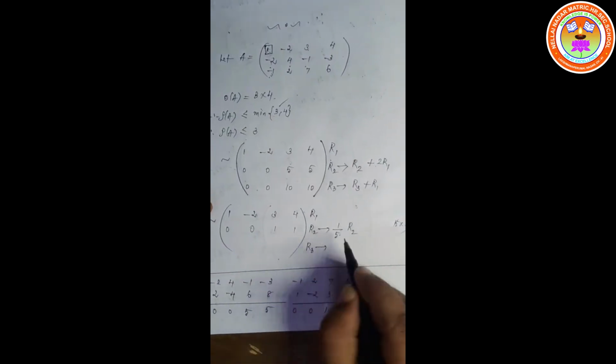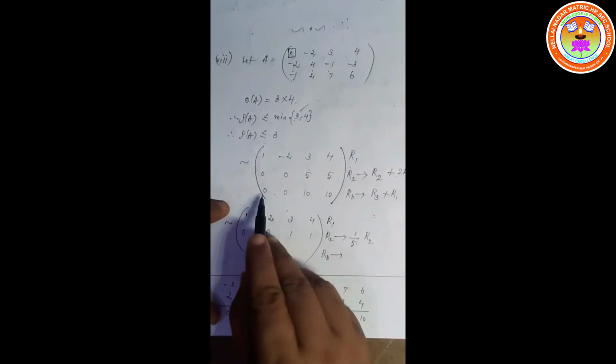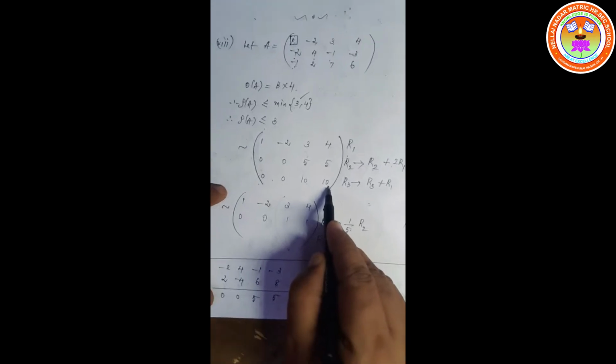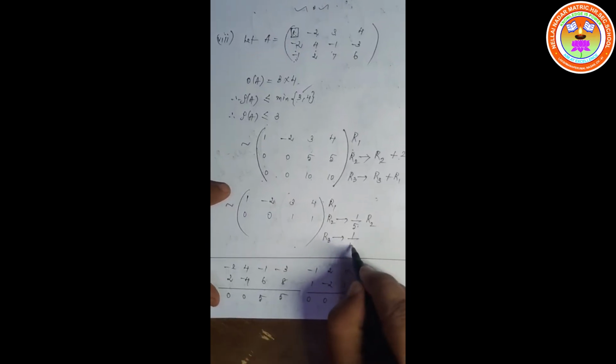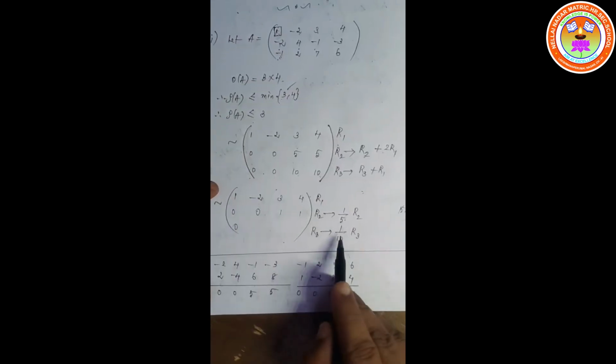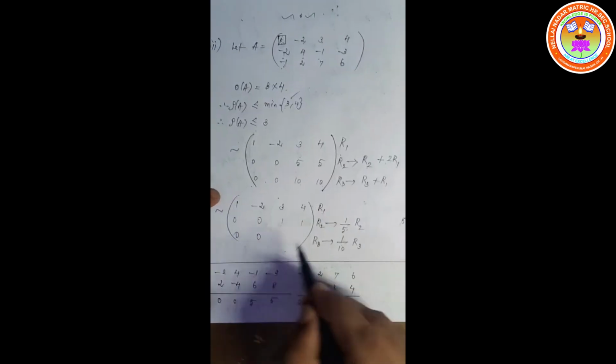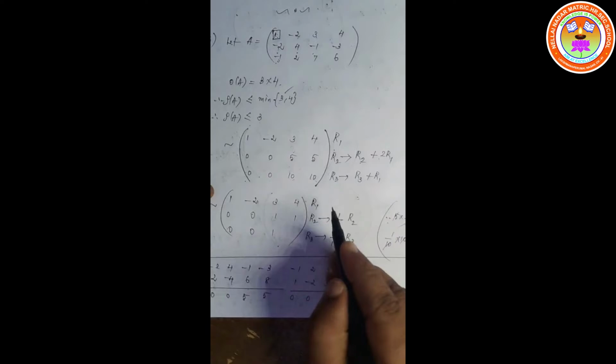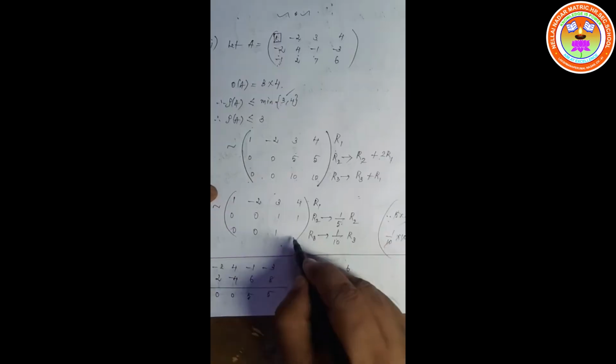Similarly, R3 here is 0, 0, 10, 10. Each element can be divided by 10, or you can write 1 by 10 into R3. That means 1 by 10 into 0 is 0, 0, 1 by 10 into 10 is 1, again 1 by 10 into 10 is also 1.